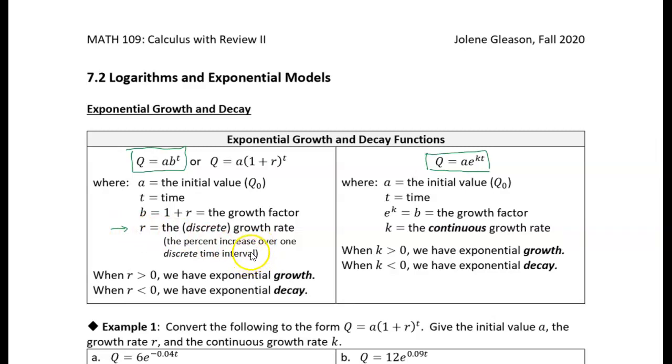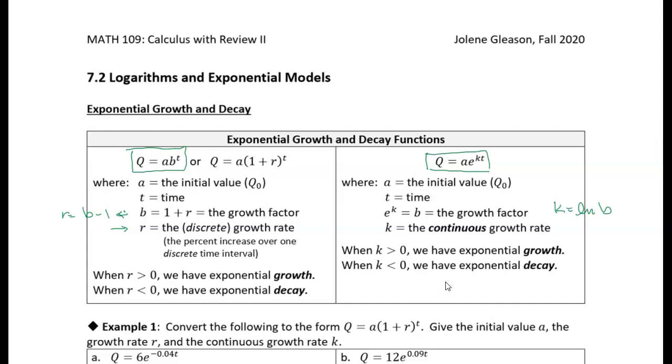Also, if we want to know what r is, we can always take b and subtract 1. And over here, because e to the k is equal to b, then k is equal to the natural log of b, if we just take the natural log of both sides.